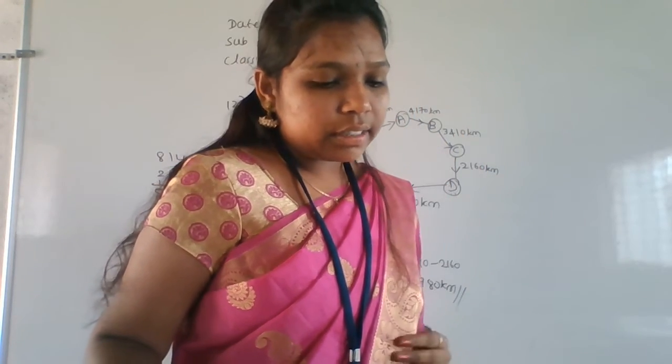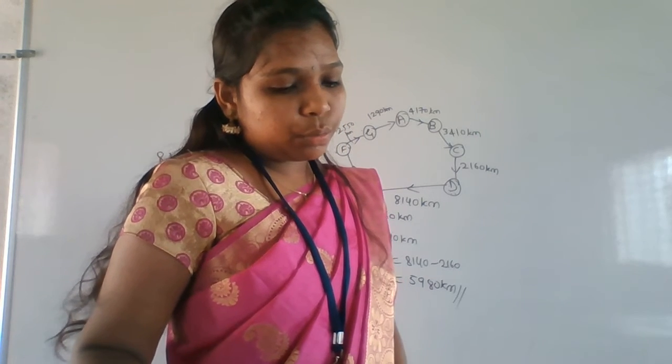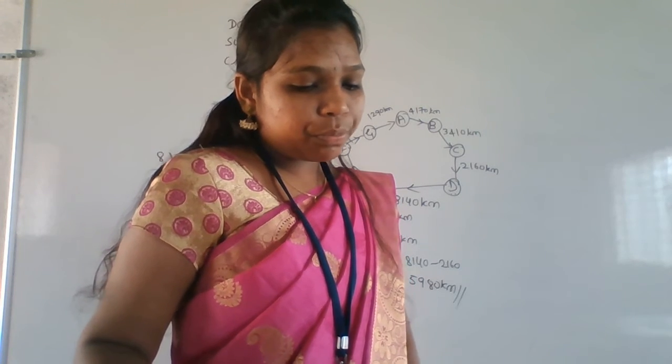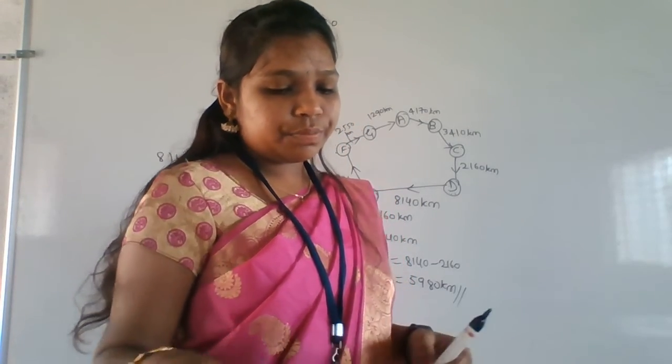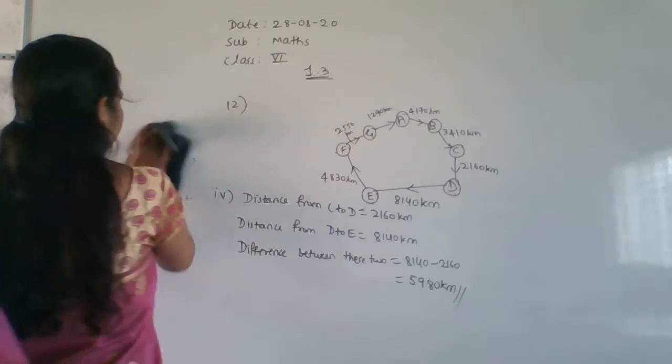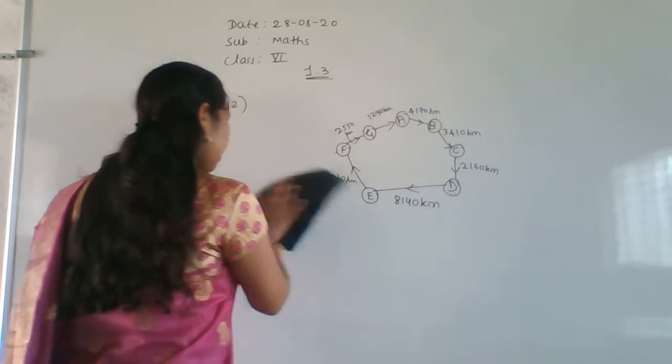find out the time taken by the bus to reach A to B, C to B, E to G and the total journey. So this is what we'll do now. Here one formula is there.